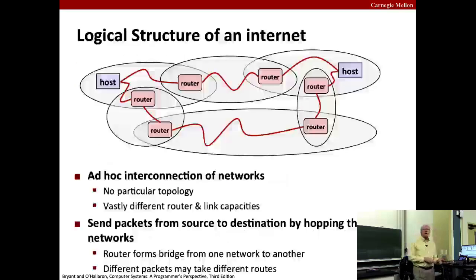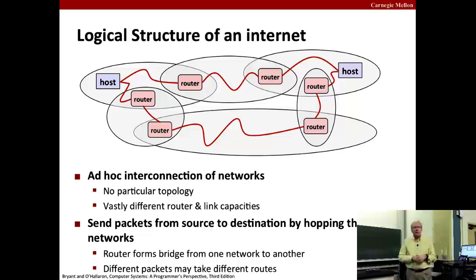And so what you end up with conceptually is a whole bunch of hosts spread potentially all across the world, and then some magical system of routers that will get a message from one place to the other based on a mode of addressing where there's some known address of the host that you're trying to send to, and it will hop through multiple routers to get from one place to the other. And that's true whether it's on campus or whether it's hopping all the way around the world.